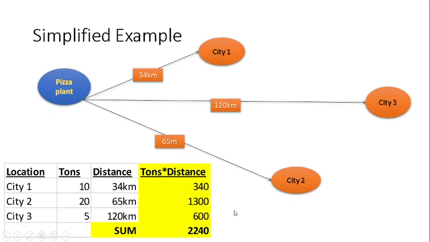2,240. This indicates a weighted number, which is not, of course, real, but it indicates how long my tons are traveling in this network. We might not be very happy with that.